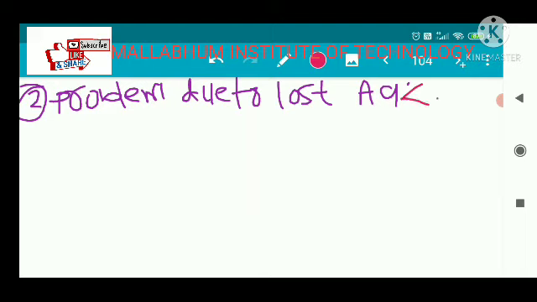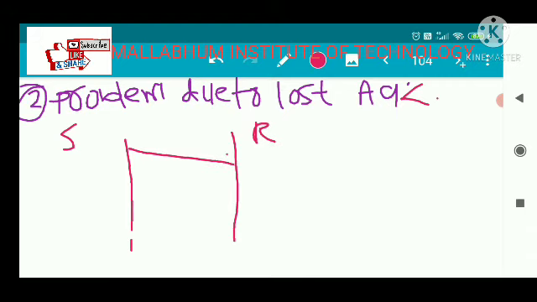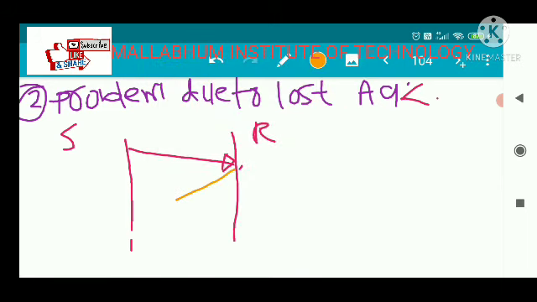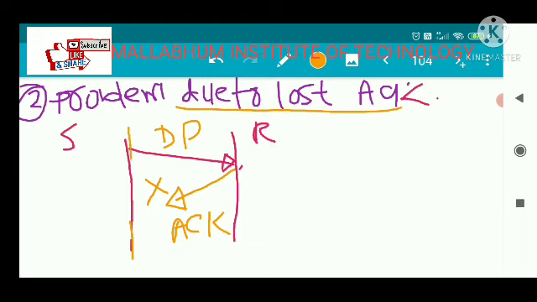In this case, this is the sender and this is the receiver. The sender sends the data, this is perfectly received by the receiver, and the receiver also sends the acknowledgement. This is the data packet, and this is the acknowledgement. But after traversing for some amount of time, the acknowledgement is dropped or lost.